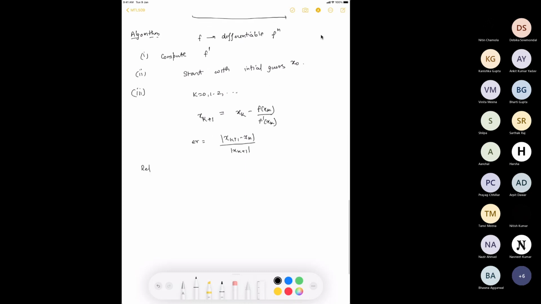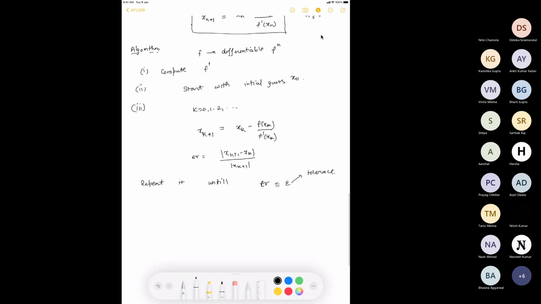You repeat this step until your error is less than the set tolerance. I'm writing this in the form of steps so that, in case we are going to implement it, you know how things have to be done.